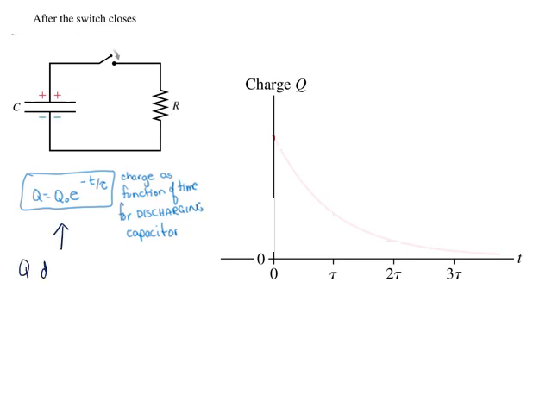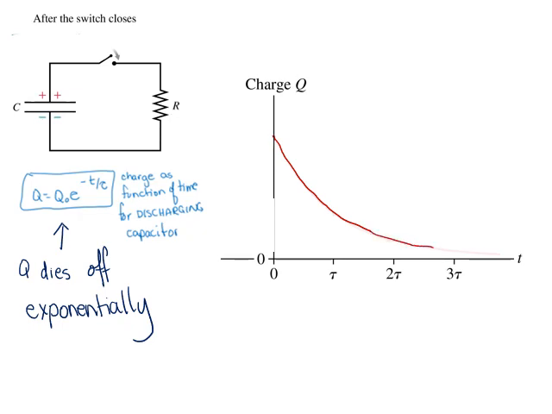So Q dies off exponentially. That's kind of interesting. If we were to plot Q as a function of time, it would follow some sort of curve, and as our time gets really, really big, that curve will get closer and closer to zero.